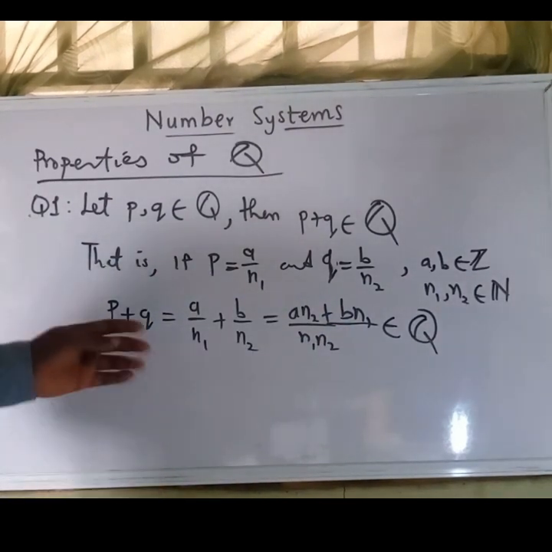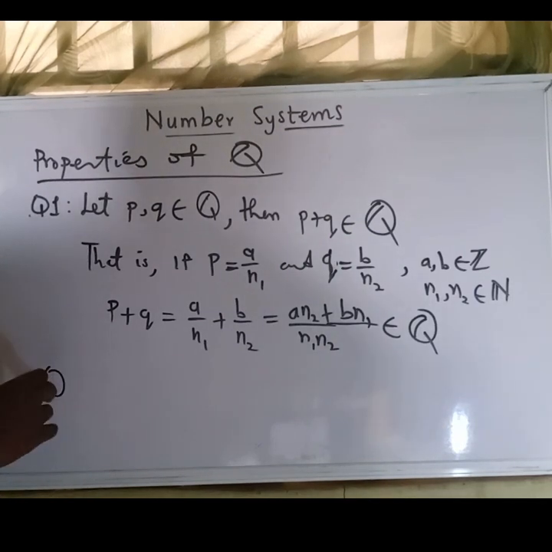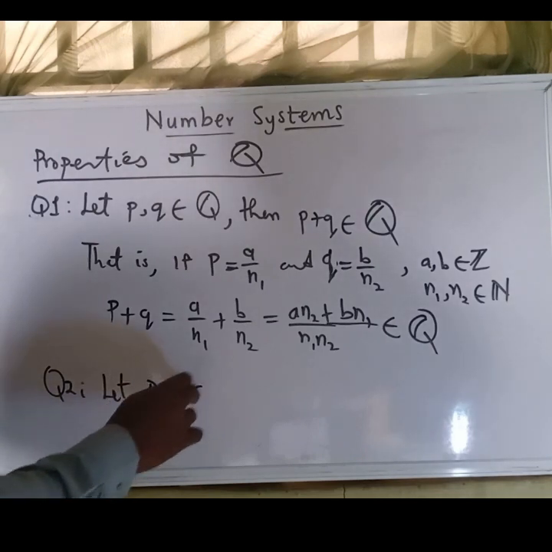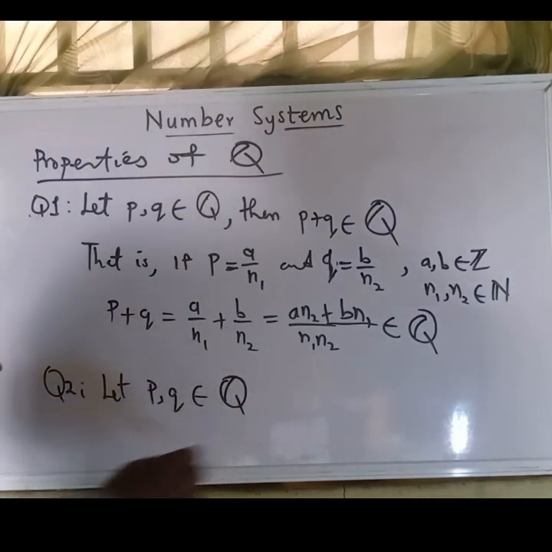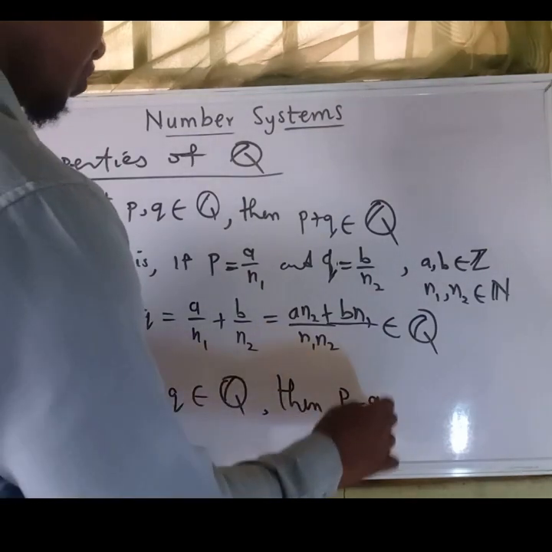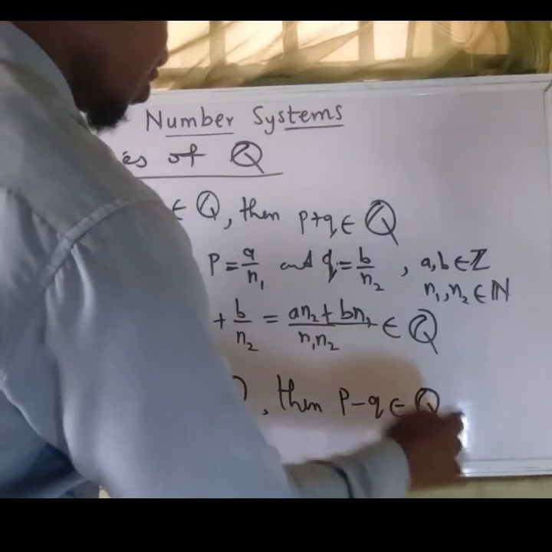And this is also valid for subtraction. That is, if you let P, Q be elements of Q, then subtraction also, that is P minus Q, is also a rational number.